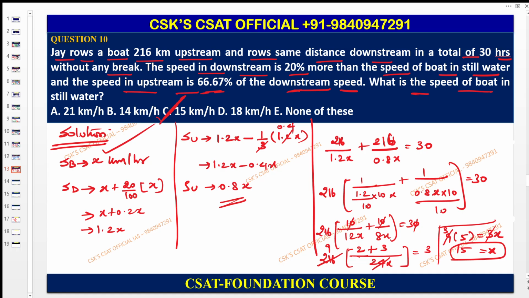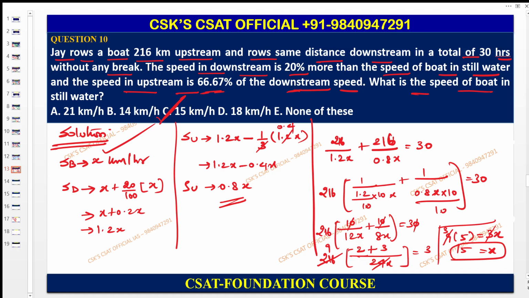Now you know the distance: 216 by the downstream speed 1.2x, plus 216 by the upstream speed 0.8x. So the total time here is 30 hours. Taking 216 common, then 1 by 1.2; multiply the numerator with 10 and the denominator with 10 because of one decimal.